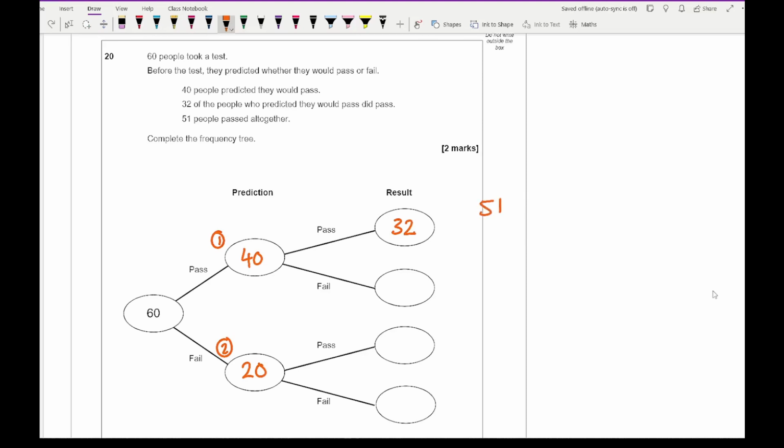Well, if I do 51 take away 32, that gives me an answer of 19. So that means that this number here must be 19. And from this, I can then work out the missing numbers. So 40 take away 32 is 8, and 20 take away 19 is 1.